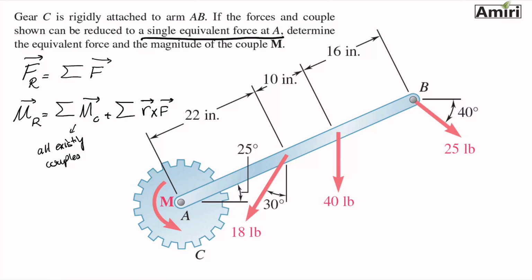Why? Because once you move forces around, they're going to create a moment. If you move this last force, take it from point B and put it at point A, it will create some moments.